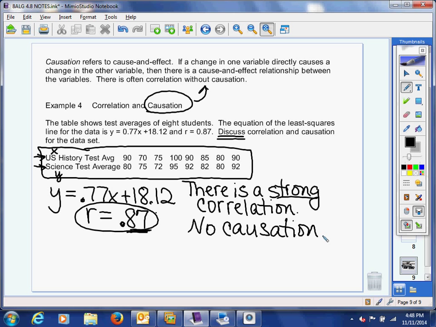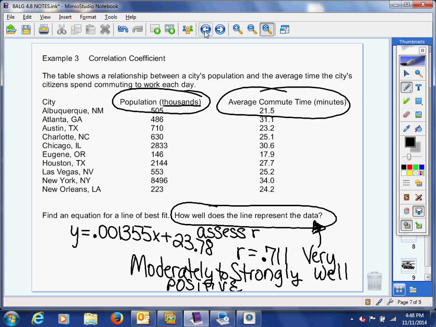We're just comparing the U.S. history test average to the science test average. They have a strong correlation, but there's no causation. One does not cause the other. There's no cause and effect here. So I tried to show you 2 pages ago where there was a strong correlation. So this has a strong correlation and has causation.